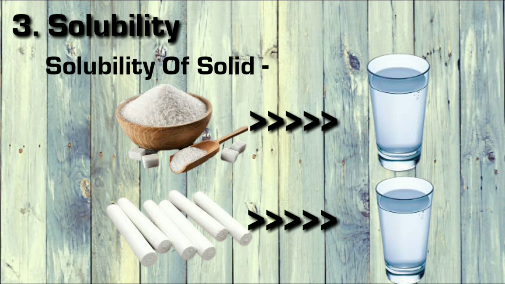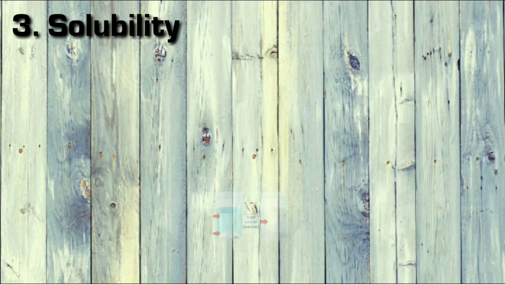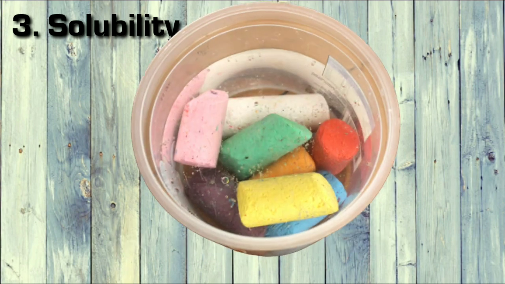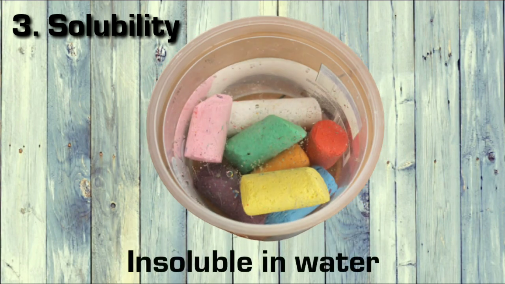And if it does not dissolve in water or does not disappear, even after we stir for a long time, we can say it is insoluble in water. Here, sugar is soluble in water and chalk is insoluble in water.